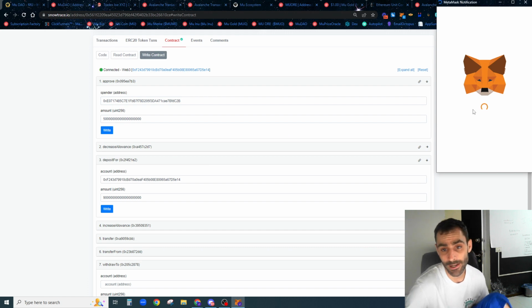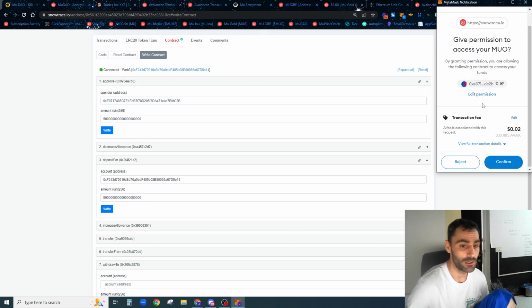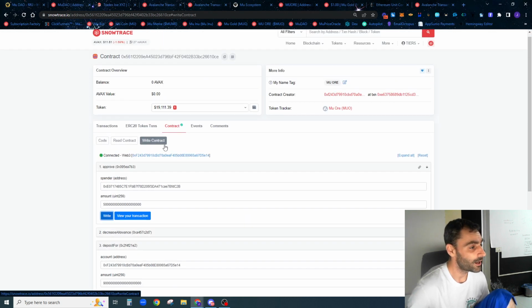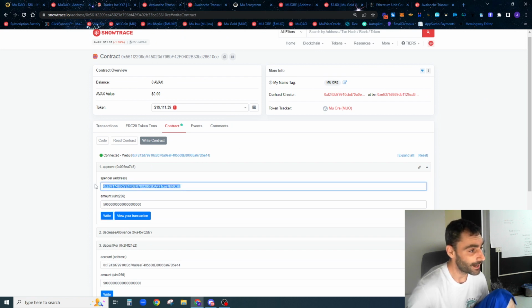And now we're going to hit write, and we are now going to approve this contract. So we are approving this contract to spend Mu Or on our behalf, to basically take Mu Or out of our wallet and transfer from our balance to somewhere else. All right. So we've had to approve that contract because that contract can't do it without approval.